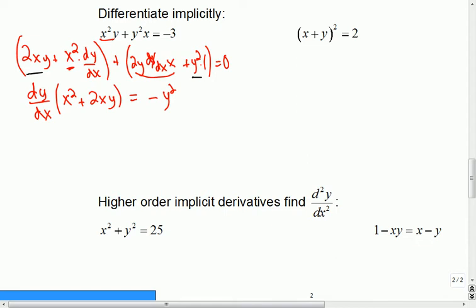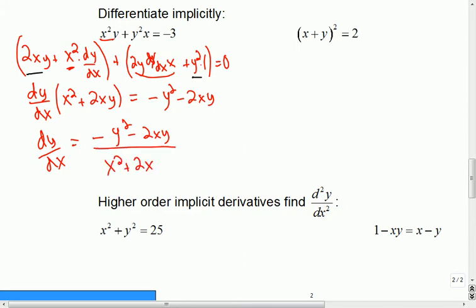So negative y squared, take away 2xy. So that means the derivative of y with respect to x is negative y squared minus 2xy all over x squared plus 2xy. Okay.